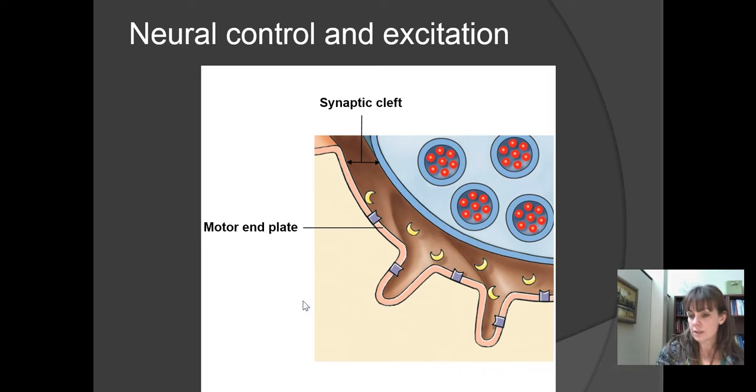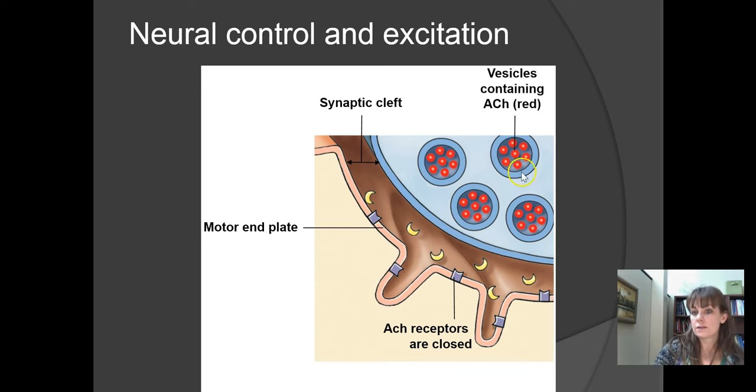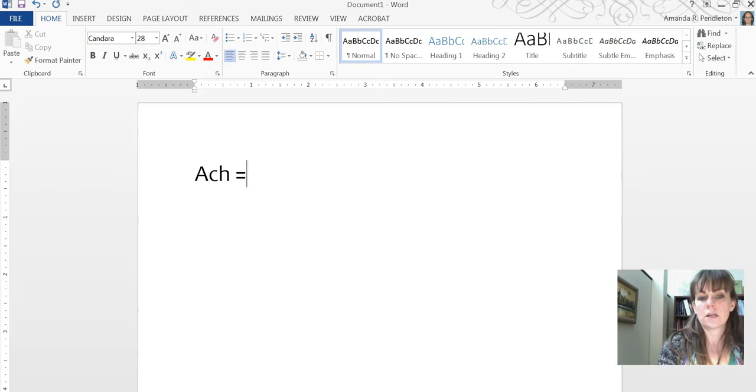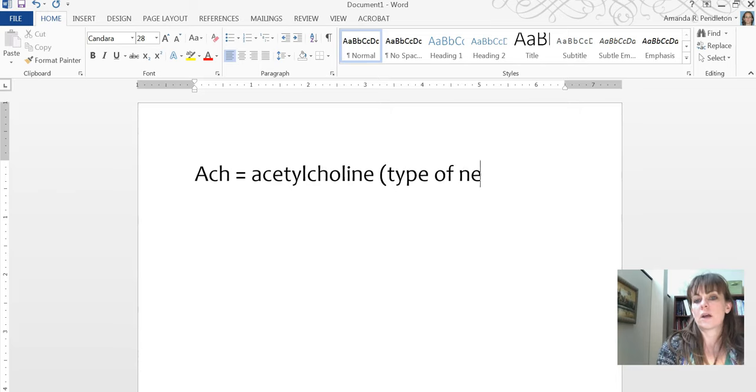Now, just like we saw with synapses, we have vesicles in this motor neuron that are packed with neurotransmitter. And this neurotransmitter is called acetylcholine, ACH for short. And to write that out for you, ACH stands for acetylcholine. Okay, and that is a type of neurotransmitter.